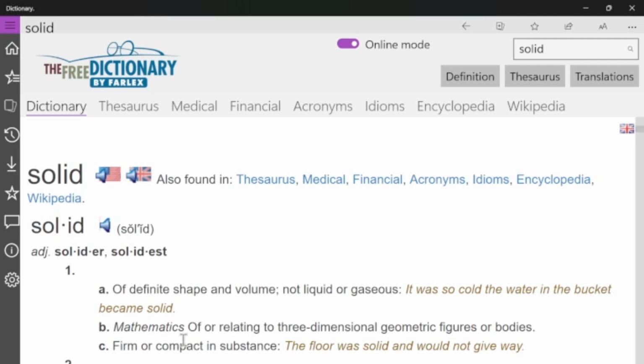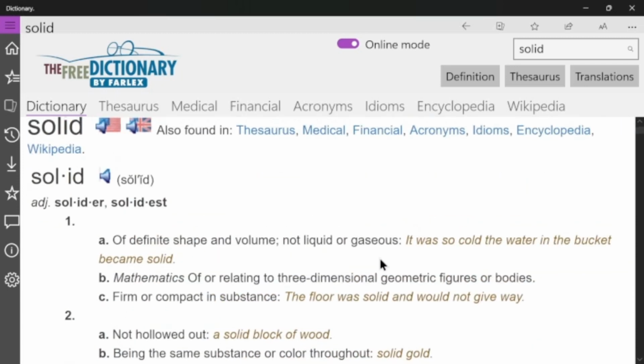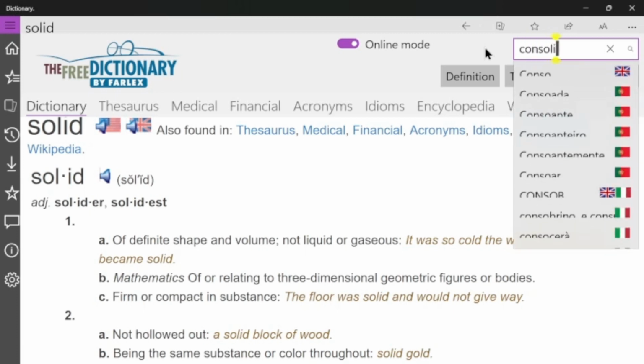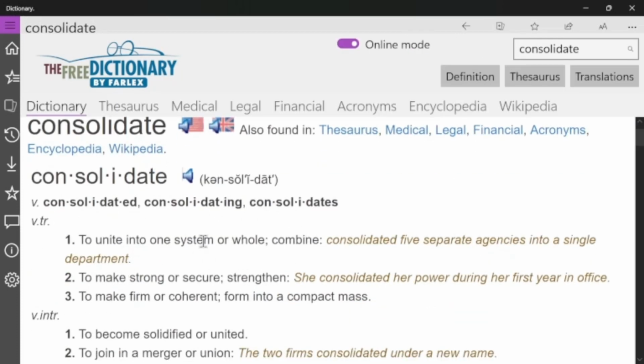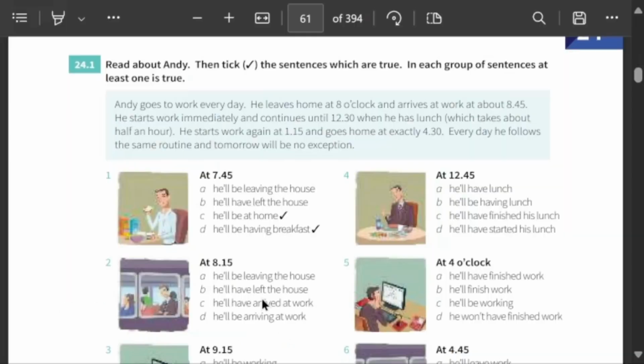Okay? More like a patavi. Patavi. Okay? Solid. Okay? So here this word kind of looks related, at least to me. Consolidate, it's kind of to make it solid. Consolidate here. To unite into one system, combine, you see, to make strong, to secure, to make it strong, to make it firm, to make it compact. Okay? To become solidified, you see. Okay, so let's solidify your knowledge.